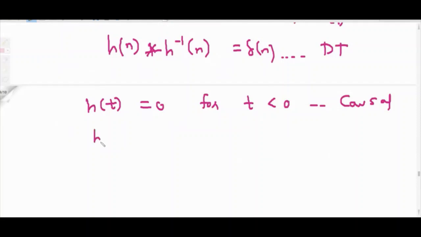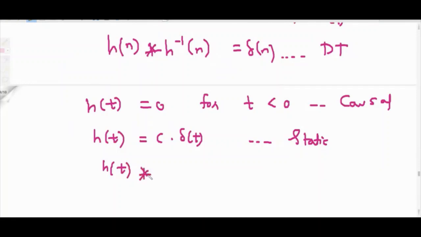Then h of t equal to c into delta t, then that system is a static system, where c is some constant, and h of t convolution h inverse t equal to delta t, then it is an invertible system.